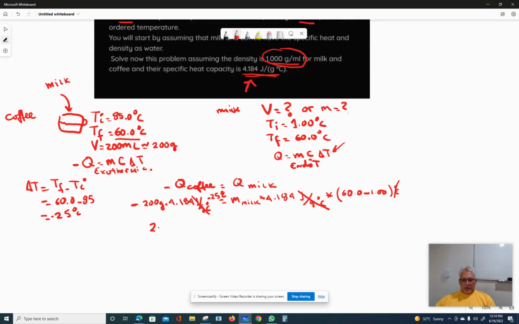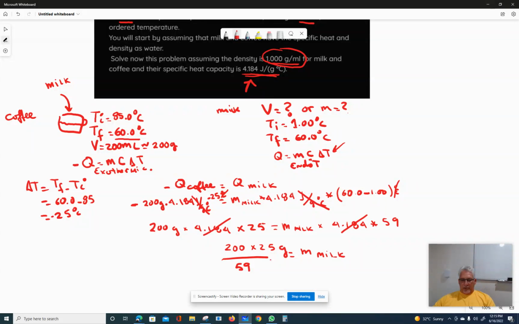So I will have 200 grams here multiplied by 4.184 times 25. I just cancel Celsius with this Celsius. Equal to the mass of the milk. That's the one I need to find. Times 4.184 and 60 minus 1 is 59. I don't need a calculator for that. And also I can cancel this too because this is the same number, right? This is the same heat capacity. So I have 200 times 25 over 59, and that will be the mass of the milk.